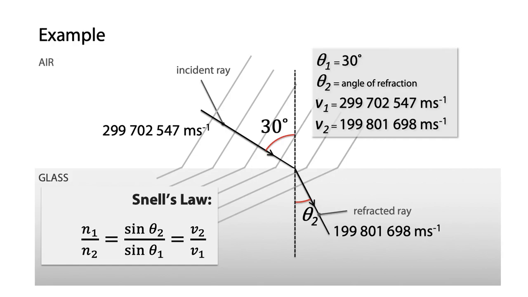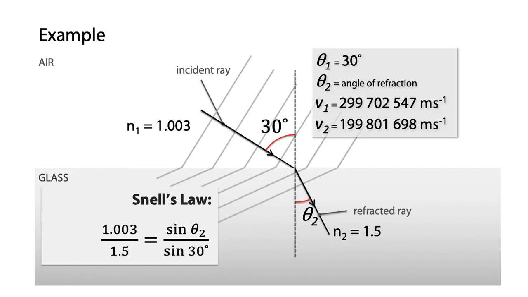Let's have a look at an example. We have an incident ray coming in at 30 degrees from the normal, from air through to glass. If that's the speed of light in air, then that's the speed of light in glass. But as we've seen, we don't need to worry about that. We can just use the refractive index instead. We have n1 equals 1.003, which is pretty much 1, and n2 equals 1.5.